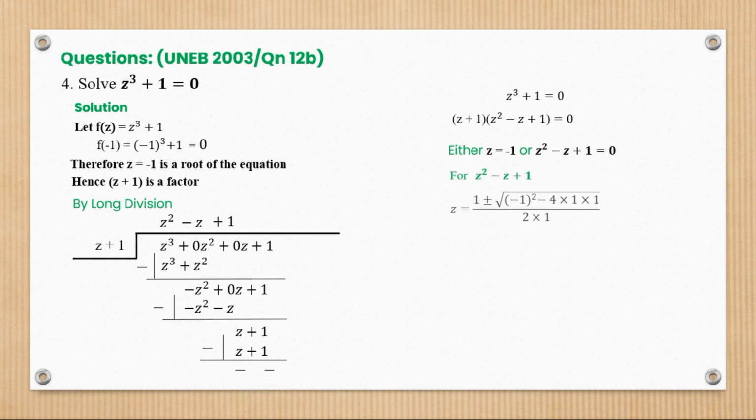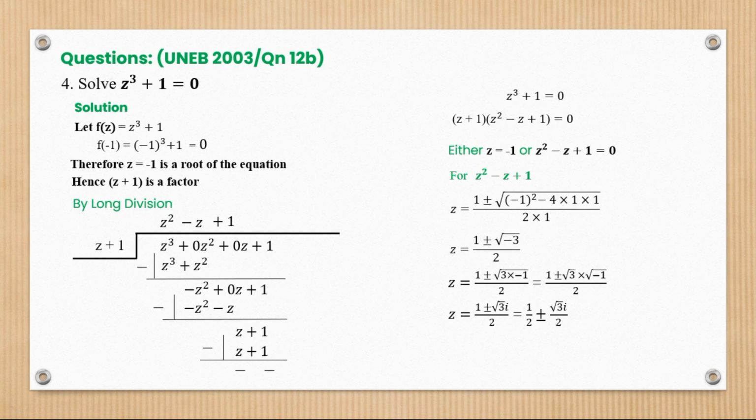So we can solve that using the quadratic formula. Applying the quadratic formula, we end up having that, and then we have 1 plus or minus root of -3 over 2. But the -3 is the same as 3 times -1, which can be split that way. And then we know that root of -1 is i, then that's what we end up having.